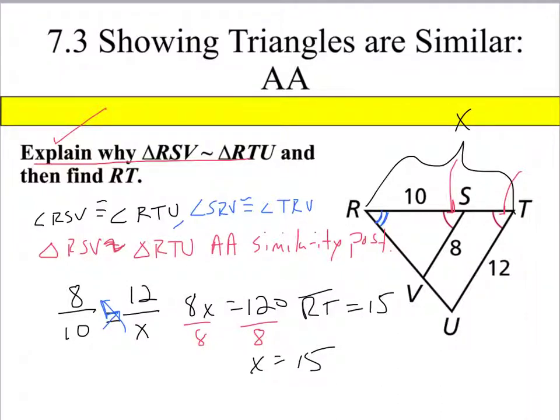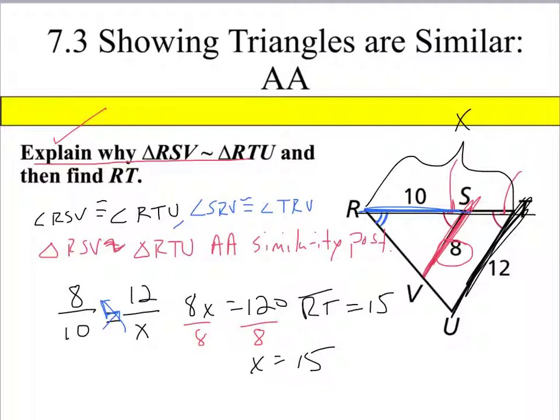Now, when you look at this problem, you may have set it up a little bit differently. Okay, and that's okay as long as you set up the ratios the same on both sides. If you look at this, I used this 8 first, so kind of that right side of the triangle over the top side of this triangle here. And then on the other side, I used the right side of the triangle over the top side. Okay, I know that's very non-mathematical words.